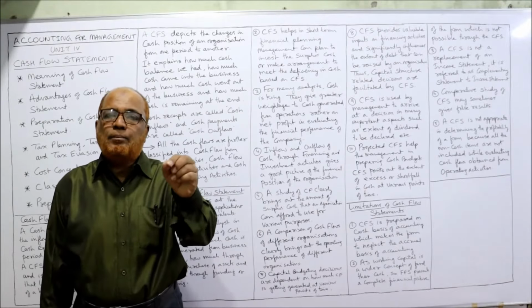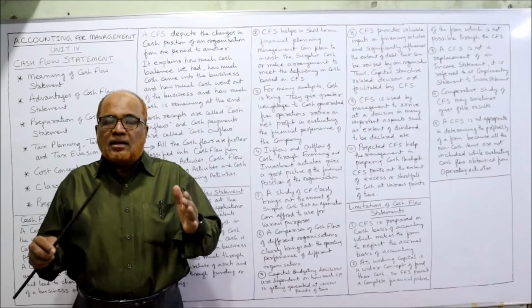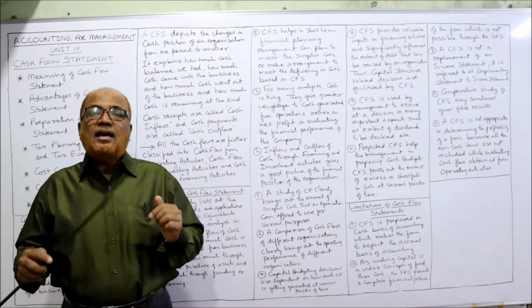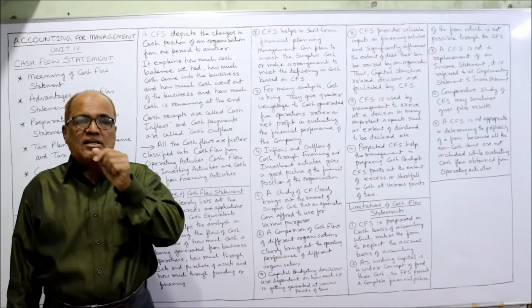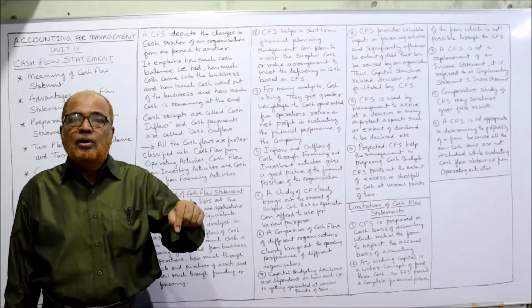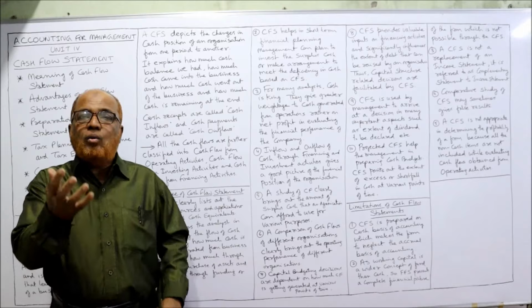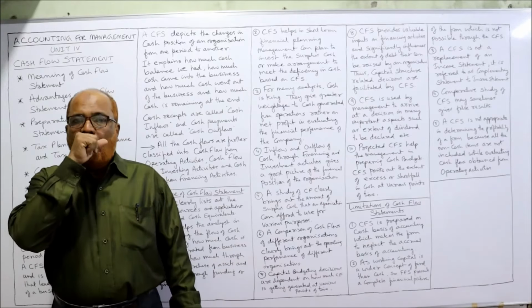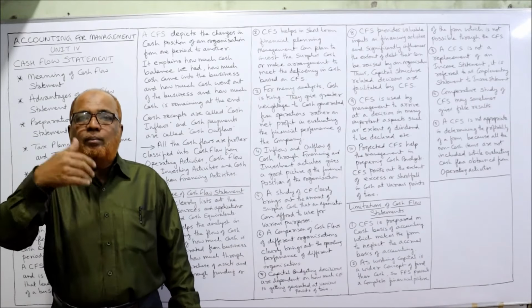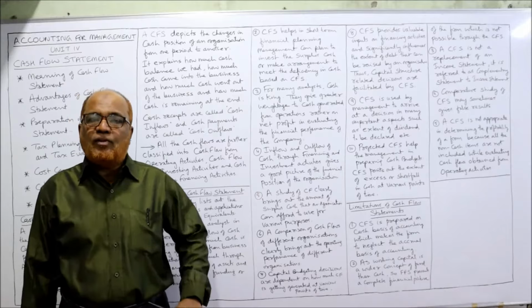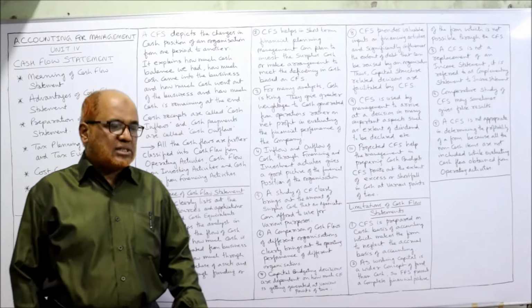That is called capital budgeting decision. So at the time of taking capital budgeting decision, the cash flow statement is very much helpful, because by studying this cash flow statement we can know how cash is generated, whether we can make the commitment of payments for capital budgeting decisions.